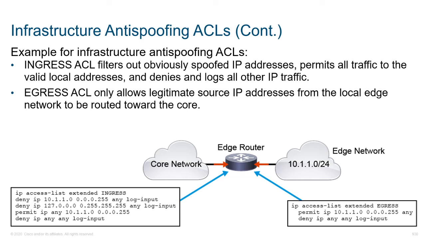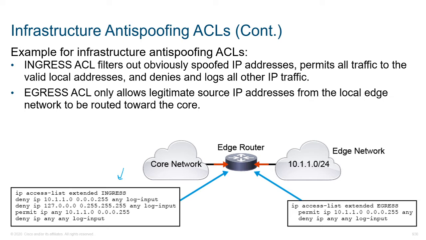So here are some examples. We look at this edge router, and we have the IP access-list extended. It's going to be called egress, and we're denying, let's say, traffic from the 10.1 subnet. We're denying traffic from the 127 subnet.